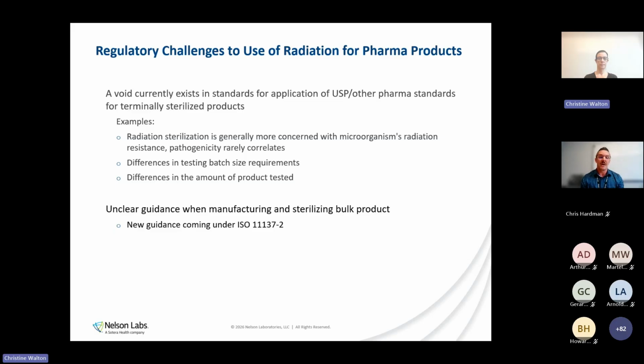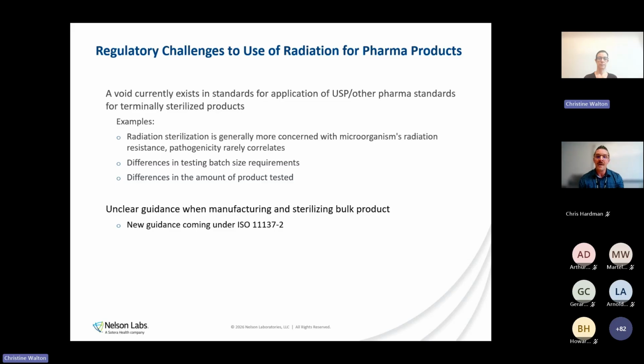That can be the entire product, or it could be just the fluid pathway, whereas a lot of USP guidance may be 10 milliliters or 10 grams, especially with those water-soluble products. ISO is also generally more concerned with microorganisms' radiation resistance, and that rarely correlates to pathogenicity of those same bugs. So it's pretty rare that an organism that's going to pose a challenge when trying to establish a minimum sterilization dose is also an organism that's of great concern or a high potential for infection in a patient.